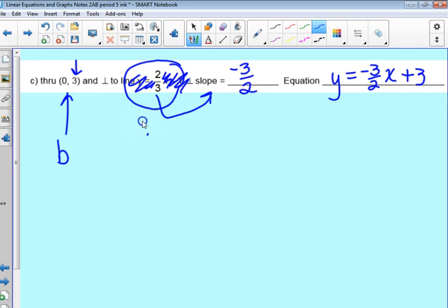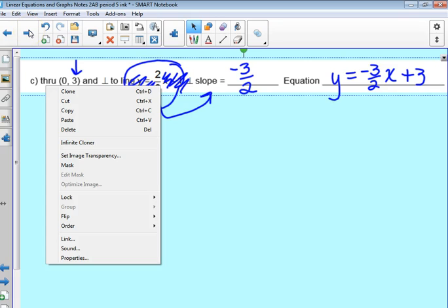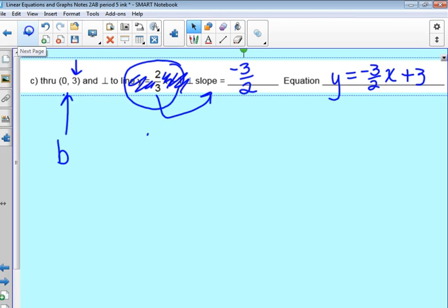Now, they're not all that easy because they don't always give us this y-intercept. Okay, so let's try, maybe, come on, please work. What happened? What's going on here, guys? Okay, try this.